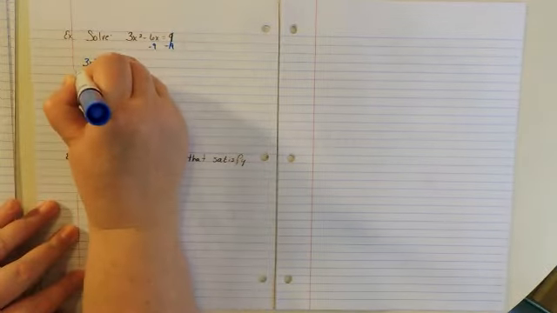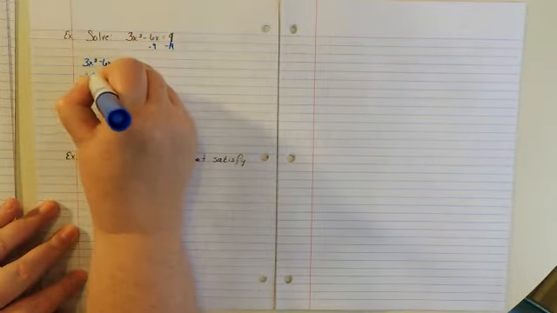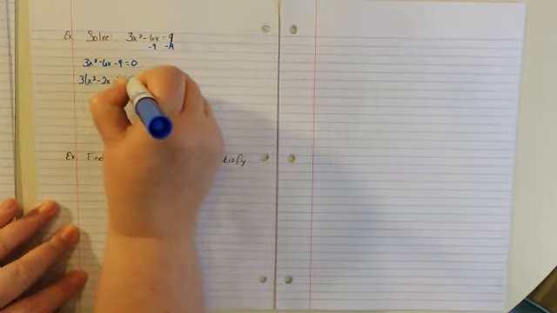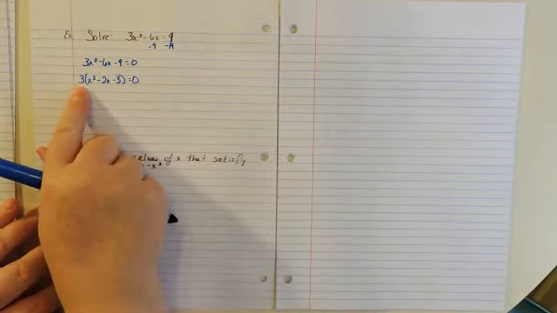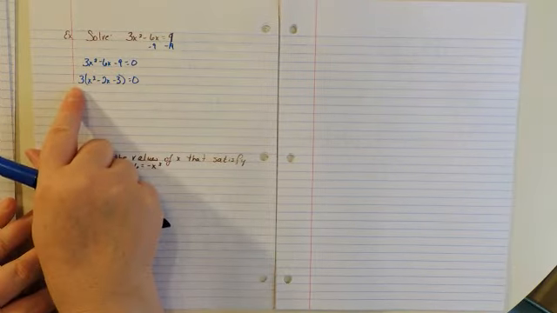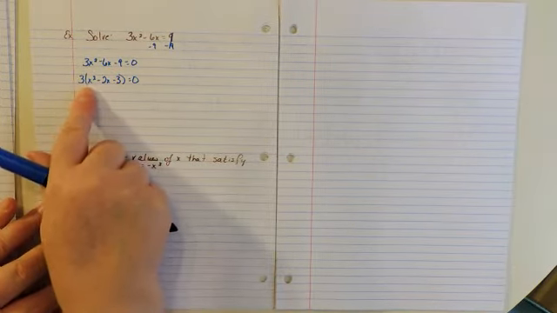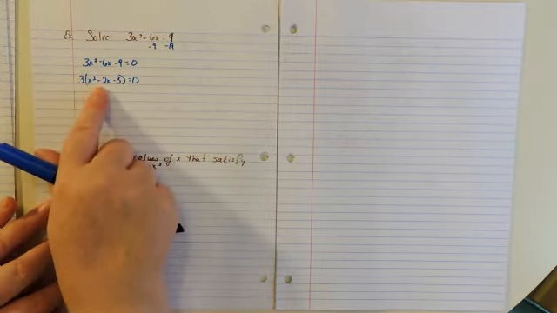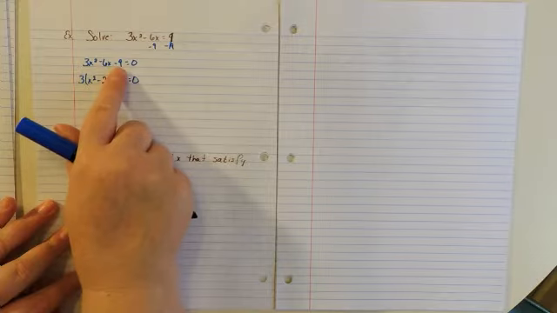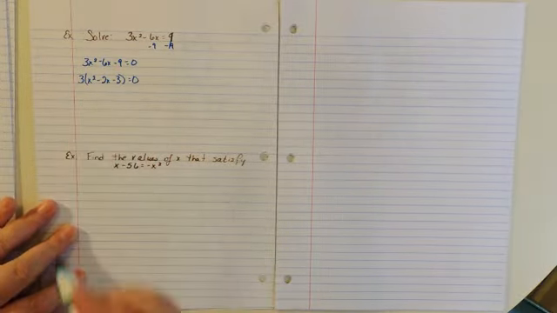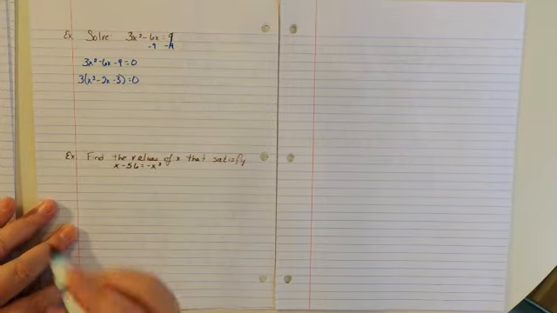This will make life much easier when it comes to factoring these equations. So we put a 3 in front, and then we divided each of the terms by 3. So 3x squared divided by 3 is x squared. Negative 6x divided by 3 is negative 2. And negative 9 divided by 3 is negative 3. All equal to 0. Now don't lose that 3 out front.